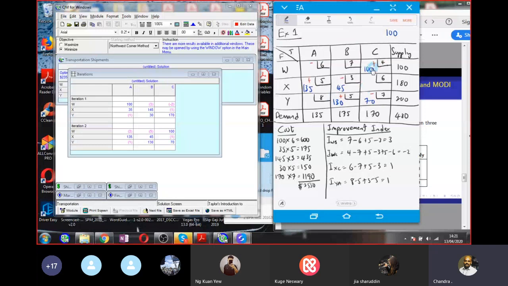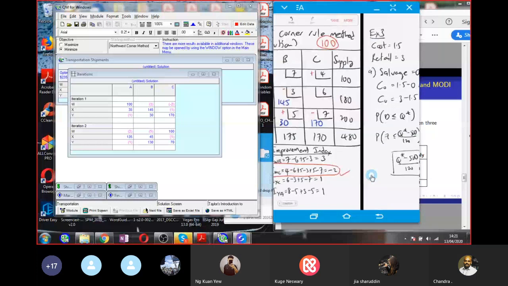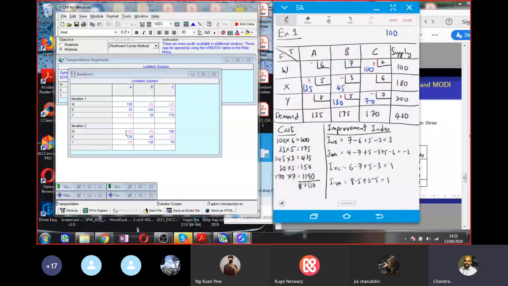This one I forgot to erase. This is not the improvement index. But once you get the second solution, if you compute the improvement index, you should get 2, 5, 1, 1. So that's how you check your answer in the QM software.